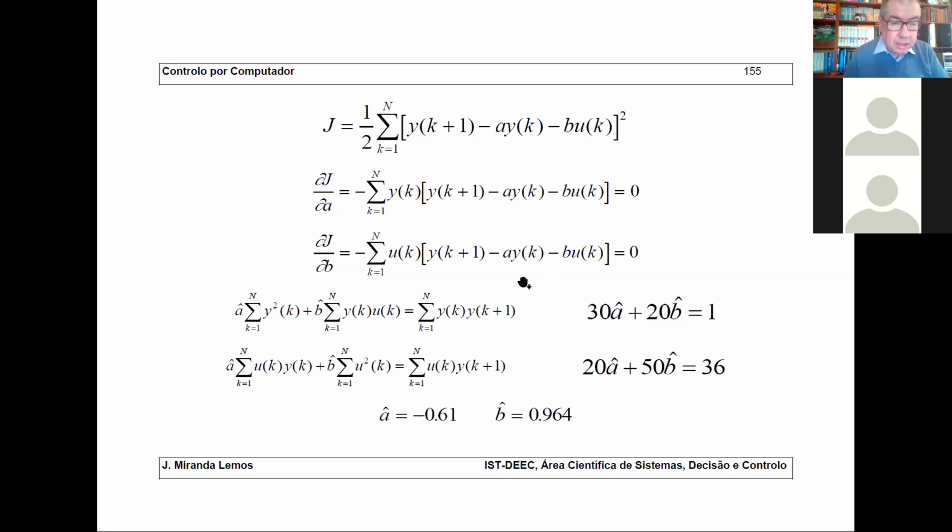Now I use some properties of the sum and the distributive property of multiplication.